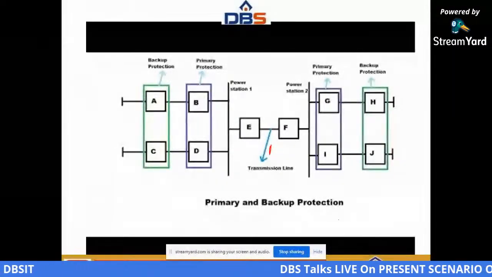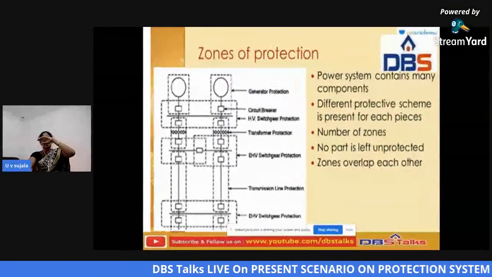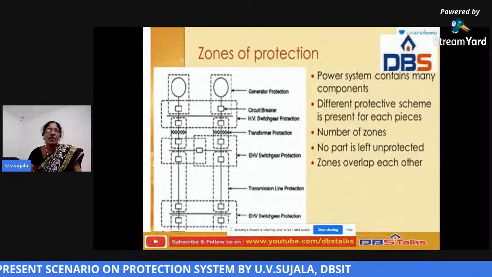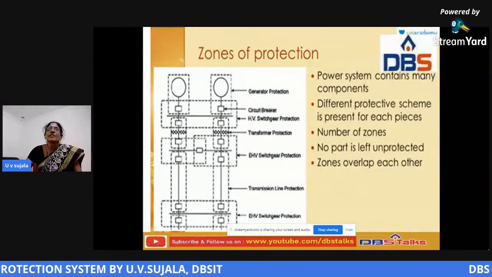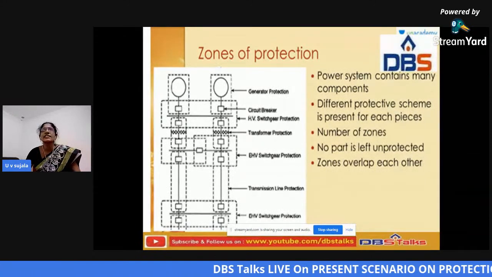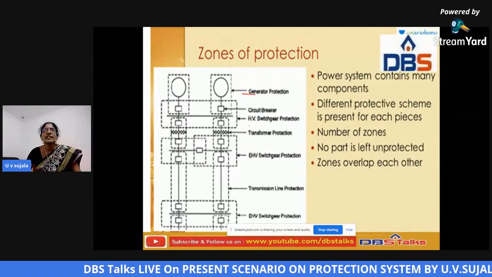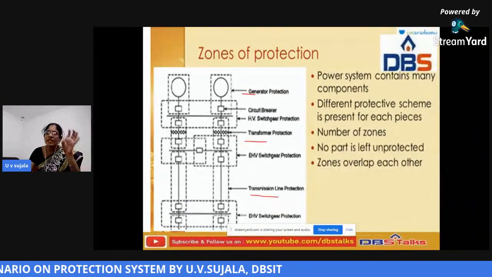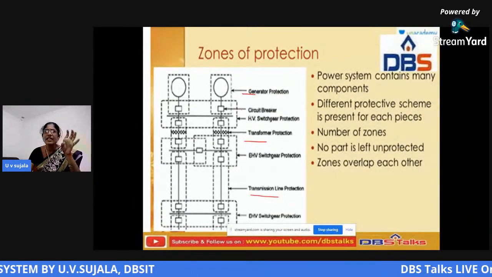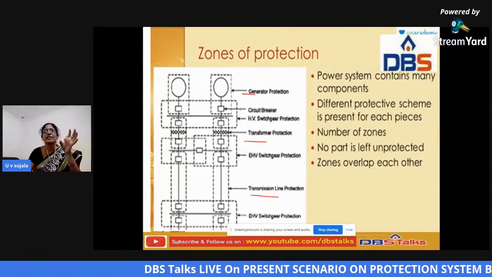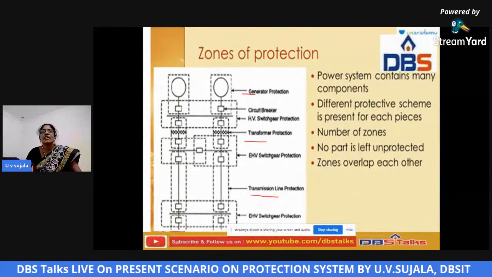This is the primary, and these are the different zones of protection. We already said that there is a generation protection zone, a transformer protection zone, and a transmission line protection zone. So every part of the power system must have a separate protection zone.